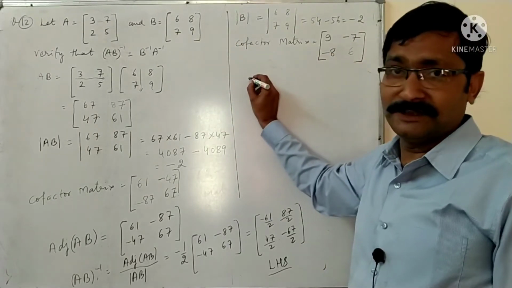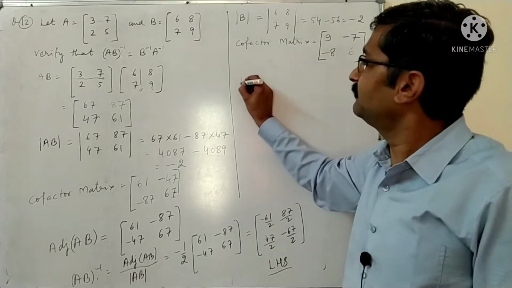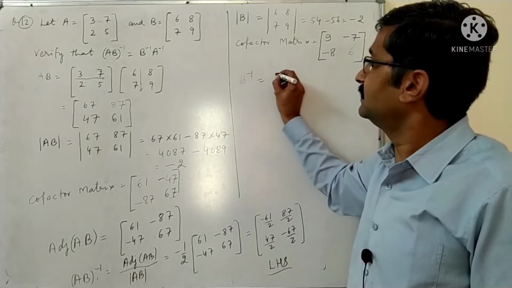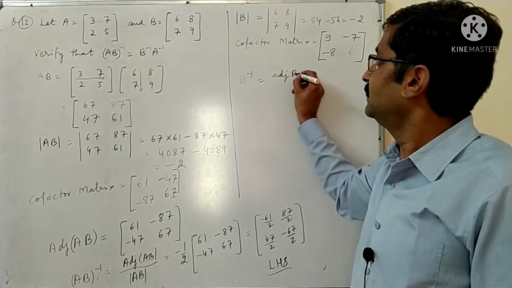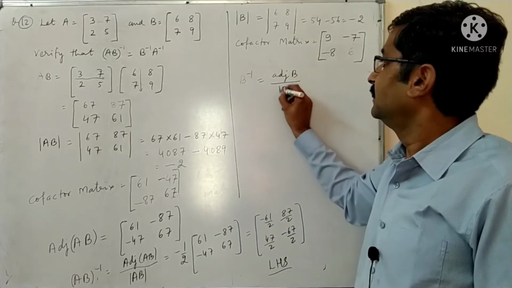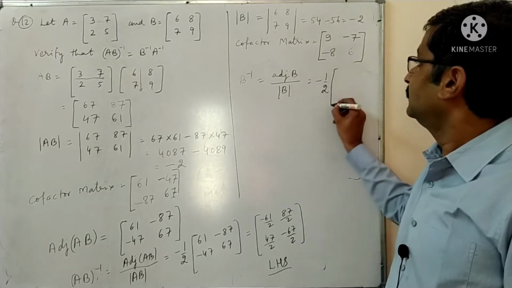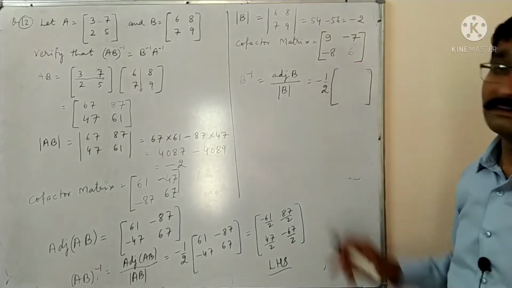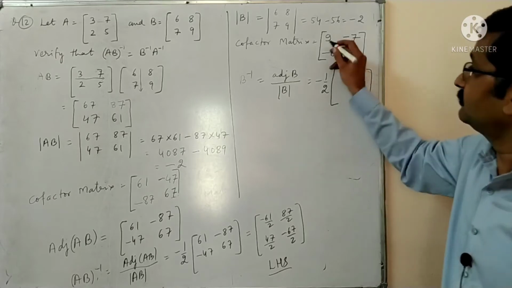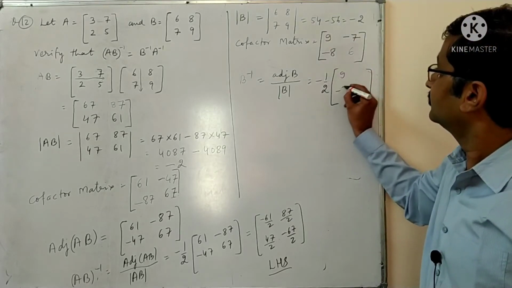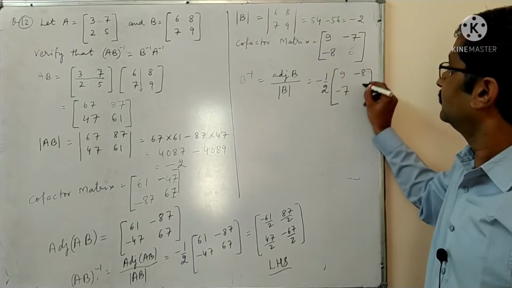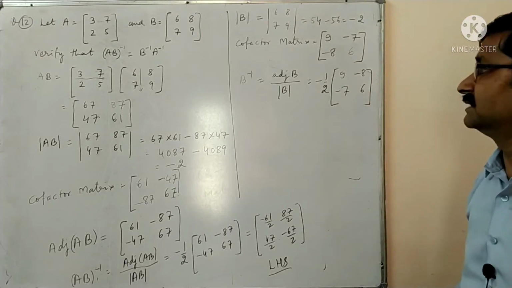So B inverse is adjoint B upon determinant B, and determinant B is minus 2, so you can write 1 upon minus 2, and adjoint B is the transpose of this. The transpose you can write directly: 9, minus 7, minus 8 and 6. This is the B inverse.